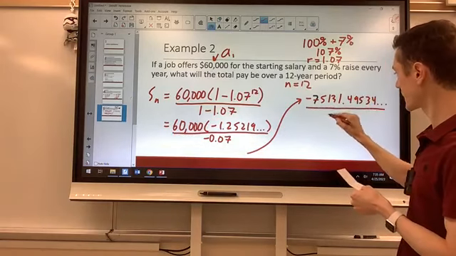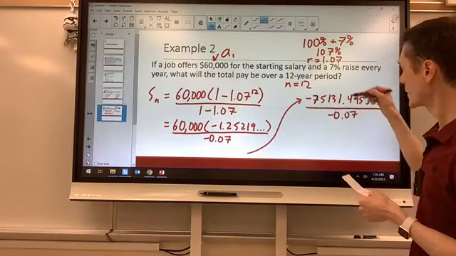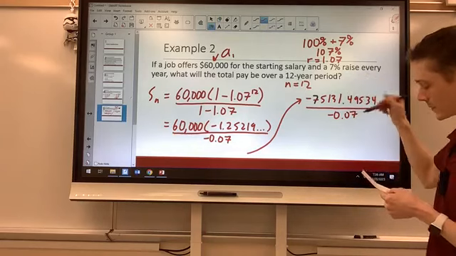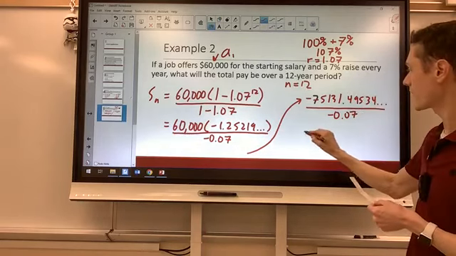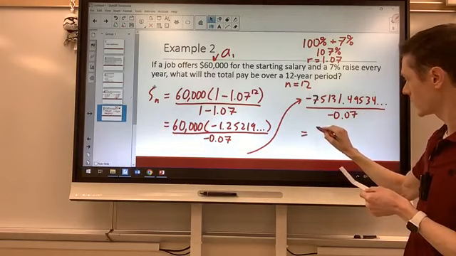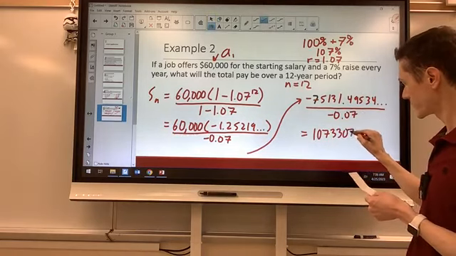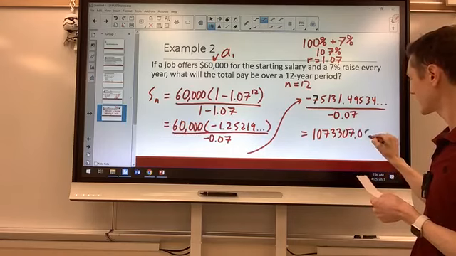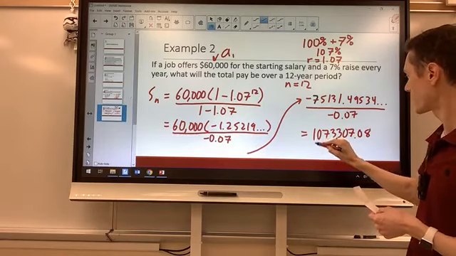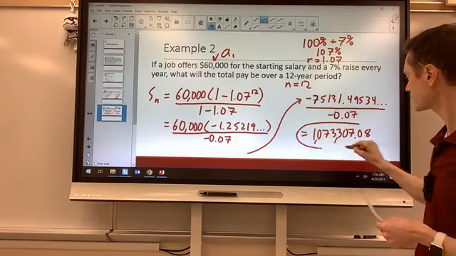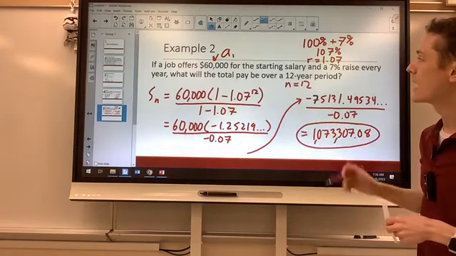And I'm dividing this by negative 0.07. So then your last step would be to divide that number by the negative 0.07. So your final answer should be that this comes to 1,073,307 and 8 cents.